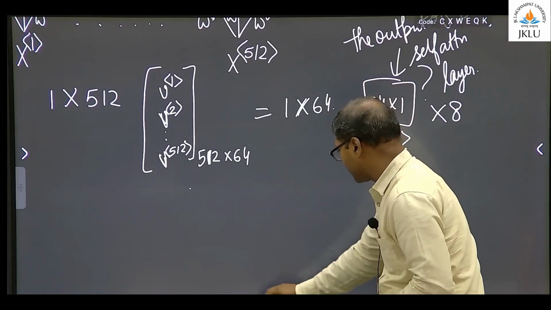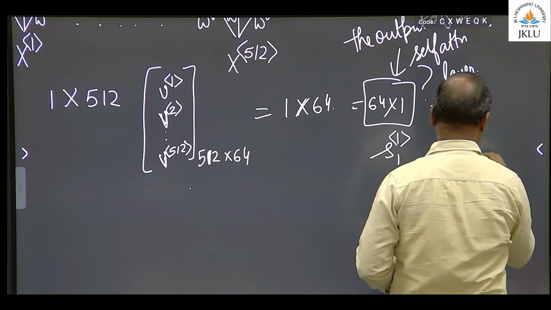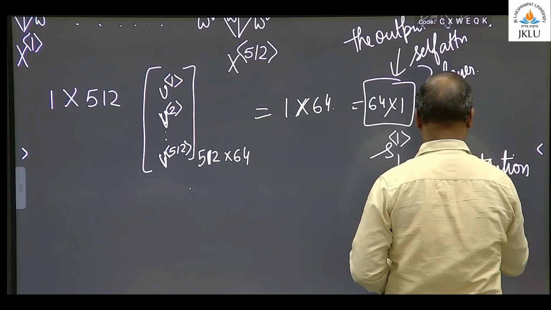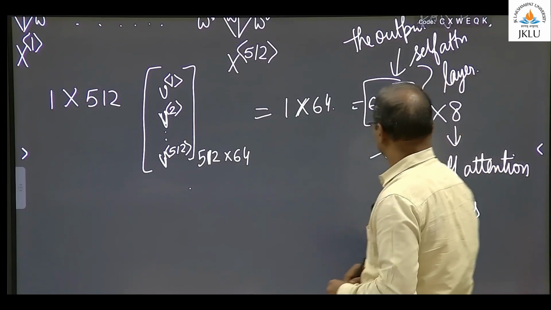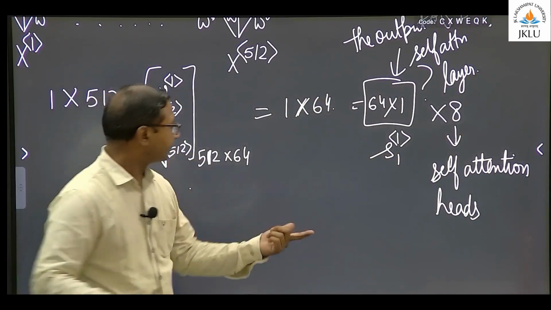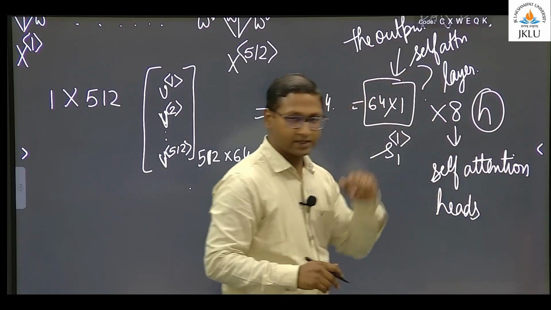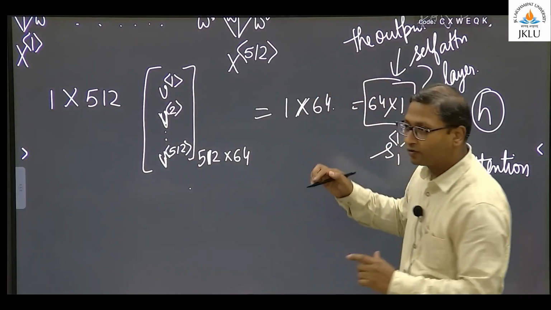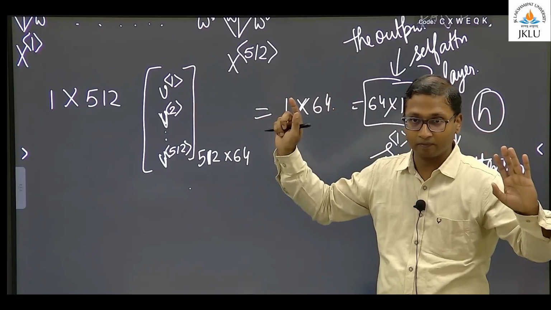So these are actually 8 self attention heads. If you go to the paper, the variable for that is H. So H is equal to 8 in this case. Now the output of the multi-head self attention layer is done.